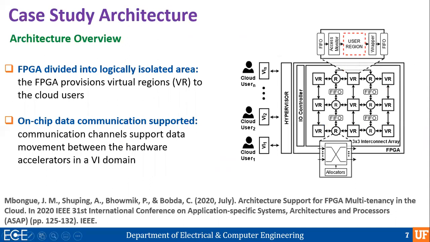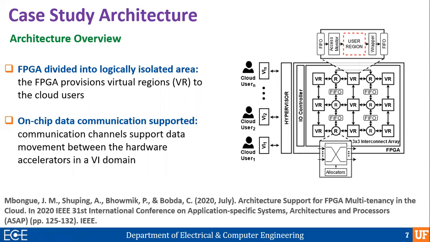So, a quick overview of that architecture. In this work, we do not go into the details of the architecture, but we just want to at least provide an overview. The architecture divides each FPGA into virtual regions, or VRs, and the VRs have what we call a user region, and that user region will host the user design at runtime. This design will be programmed through partial reconfiguration. Another feature of the architecture is that it enables direct communication at the chip level between the virtual regions that belong to the same virtual instance domain.